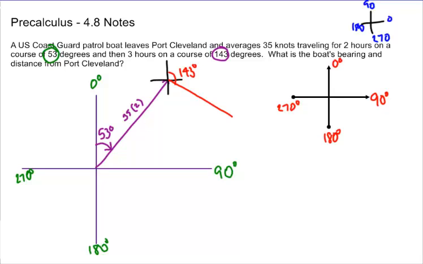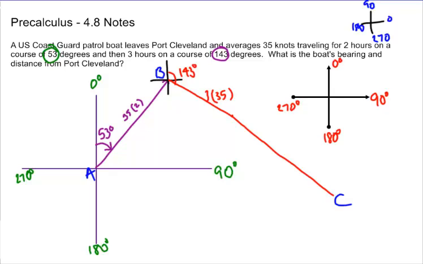Then we travel for 3 hours at 35 knots in this direction. So if I start right here, change direction right here, and stop over here, we want to know the boat's bearing and distance from Port Cleveland.